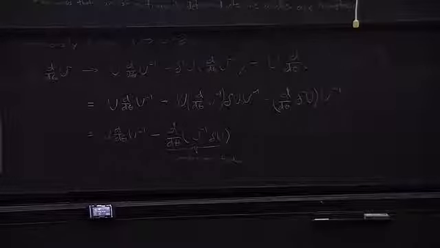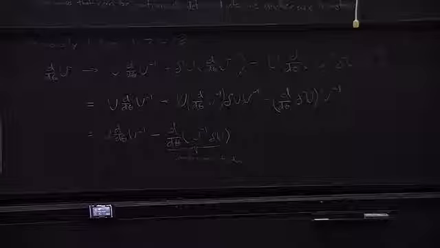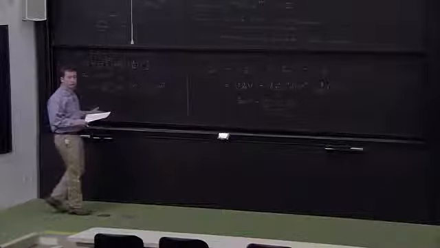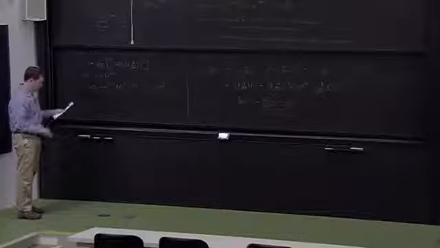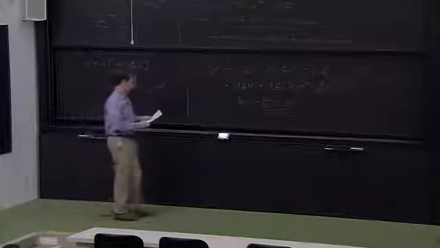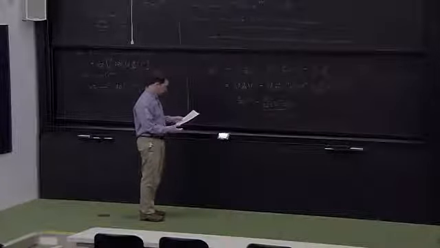So you can classify the gauge field configurations that have finite action by their winding number. That's something that's invariant under gauge transformations. So we classify all the gauge configurations by winding number.